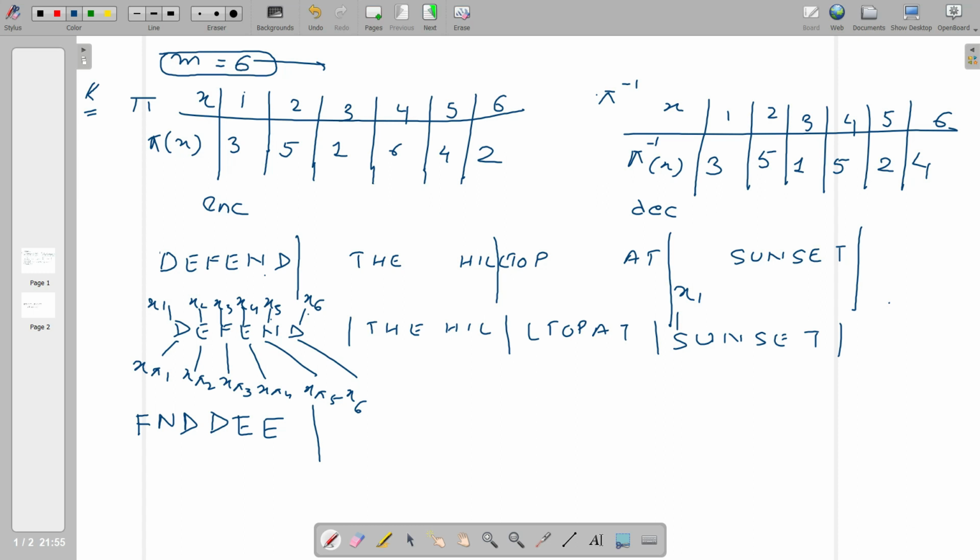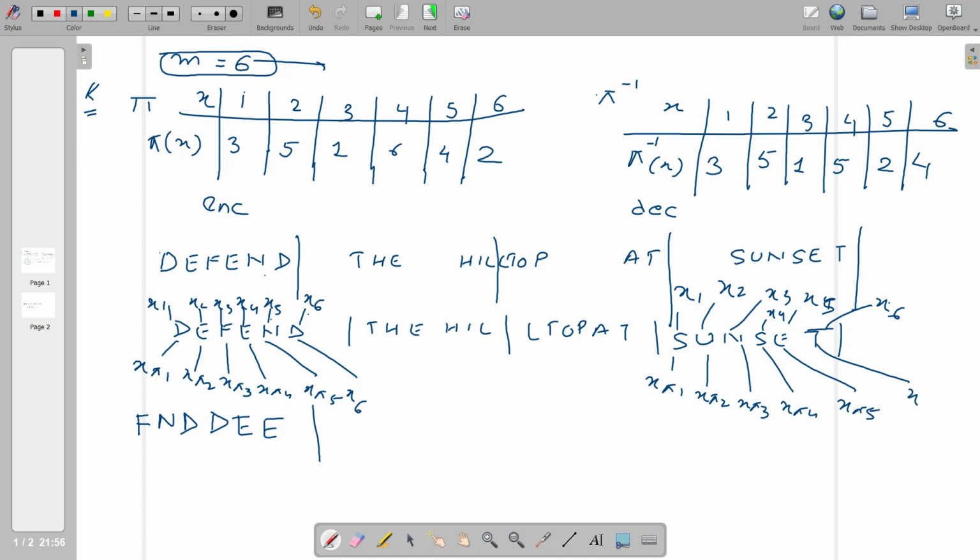Here x1, x2, x3, x4, x5, x6 are the letters, and below them x pi 1, x pi 2, x pi 3, x pi 4, x pi 5, and x pi 6.